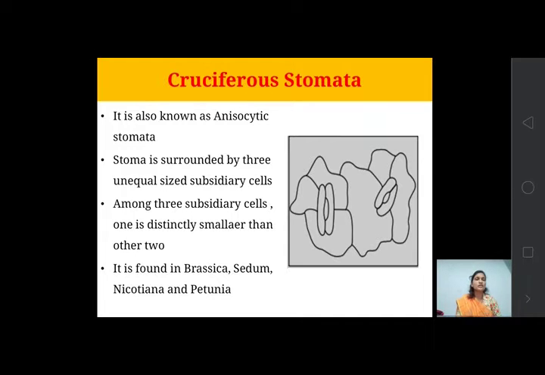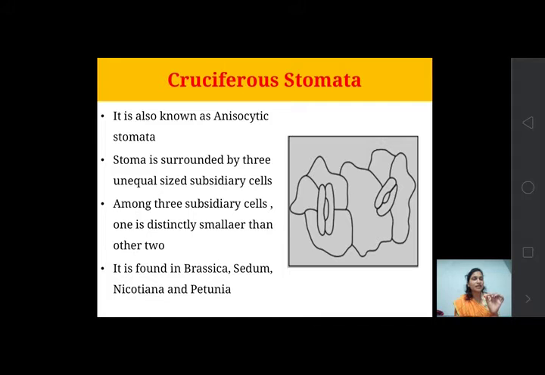Yes, cruciferous stomata, it is found in the family Brassicaceae or the Cruciferae. Okay, this is also known as anisocytic stomata. In this stomata subsidiary cells are present, that means special epidermal cells are present, but this arrangement is again irregular, or you can say unequal sized cells are present.